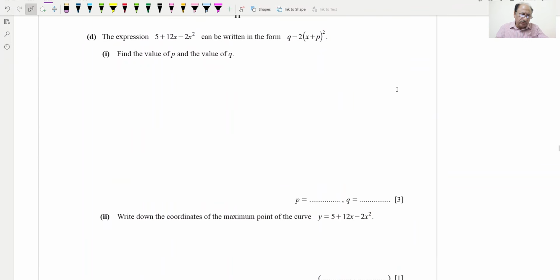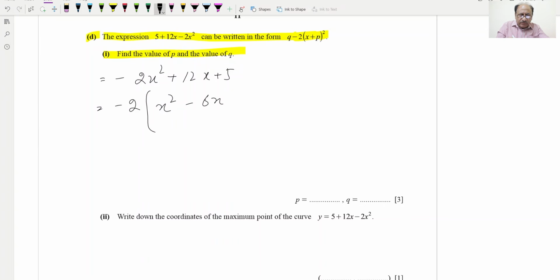Hopefully you understood this. Now D part, we can write it as the expression. This can be written in the form of completing the square. We need to find p and q values. First of all, we will rearrange, and after rearranging we will take minus 2 common, and inside will be x squared and minus 6x, and this tail portion we will write as it is without disturbing it.